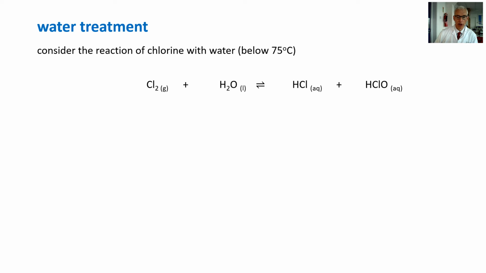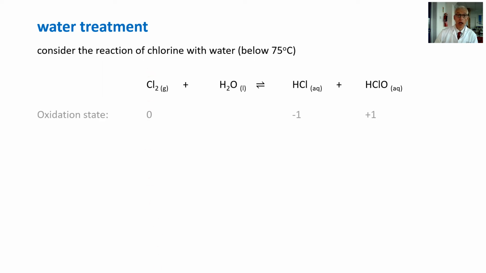You'll see there are two chlorine containing molecules as products, and obviously the reactant chlorine. I'd like you to pause the lesson and work out the oxidation number for the chlorine in each of the chlorine containing molecules. Restart when you've done that.